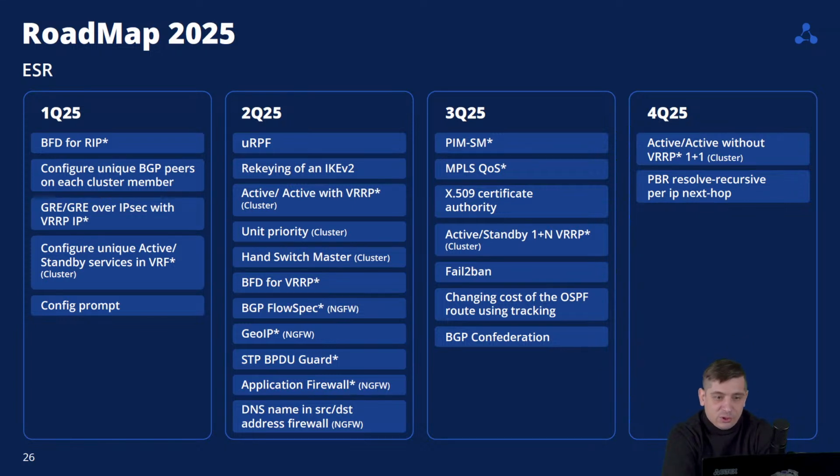So in third quarter of 2025, we shall boost PIM-SM, MPLS cores. Then in third quarter of 2025, we elaborate our cluster for ESRs to use it in active mode without VRP. So it will be our fully 1+1 cluster.